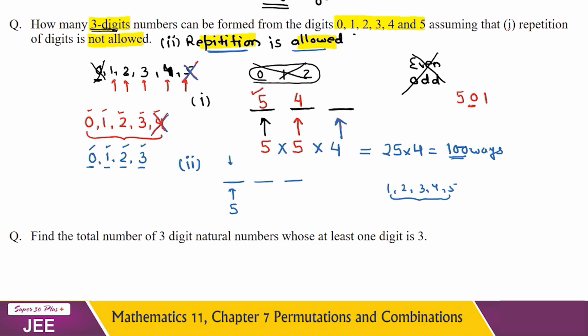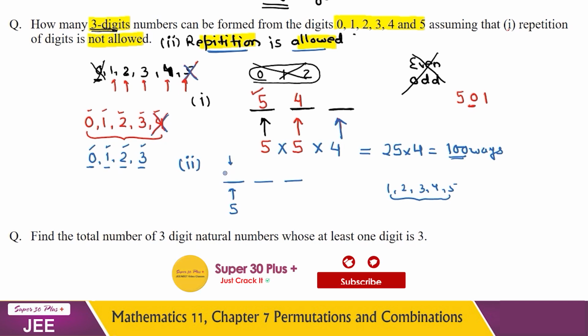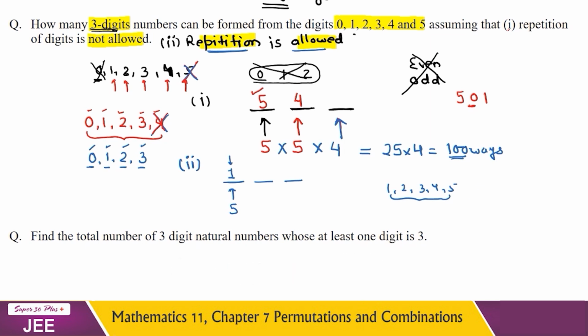Now since repetition is allowed, whatever digit I had filled over here can again be put at second place. So at second place I can place again 0, 1, 2, 3, 4 or 5. I have 6 options to fill up second place. Why? Because repetition of digits is allowed, so 1 can occur again, and 0 is already allowed at second place.